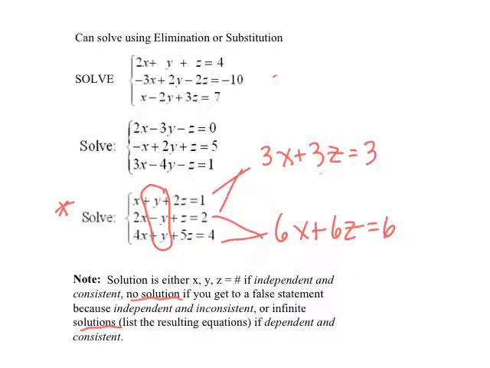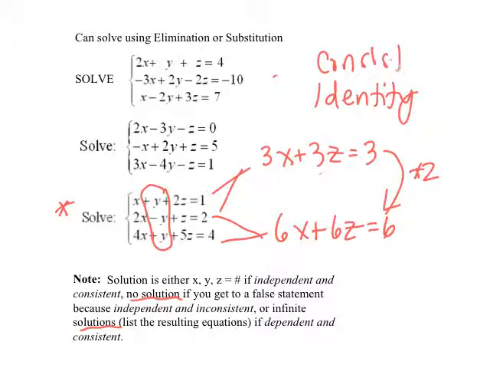Now, right here, I hope you notice that if I tried to do elimination on these two equations with two variables, this one times 2 is that one. So we already are at a situation where one is a multiple of another. So this means we have an identity, and that means we have a consistent system with infinite solutions.